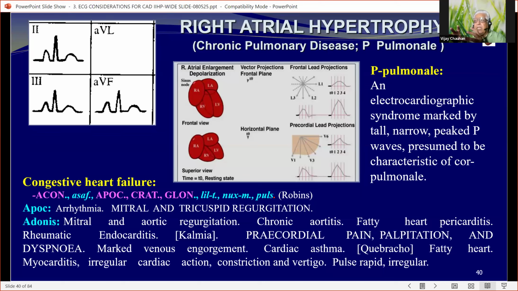The right ventricle enlarges. Not only does the right ventricle enlarge, but blood also accumulates in the right atrium, so the right atrium also gets involved.